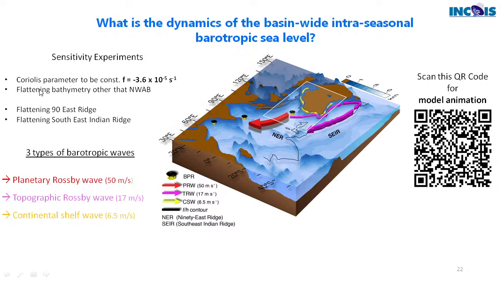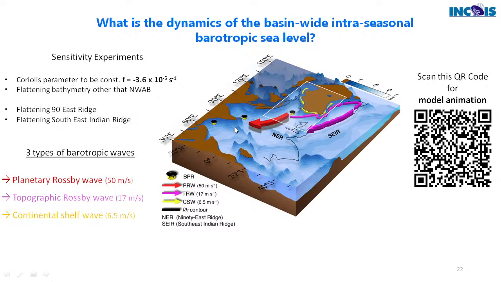Why? Because when we did an experiment with a constant Coriolis parameter, this wave was not present. So this wave requires a beta plane. This is how we identified that the red color wave is a barotropic Rossby wave, and it generates from this region and reaches up to here.